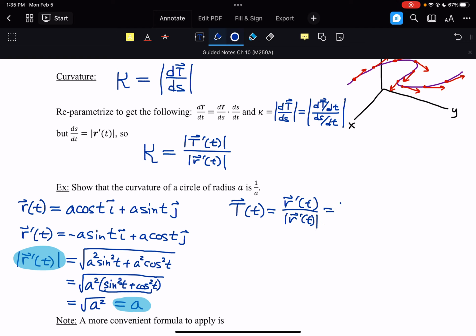So that's negative a sine of t i over a plus a cosine t j over a. So we get negative sine of t i plus cosine of t j.